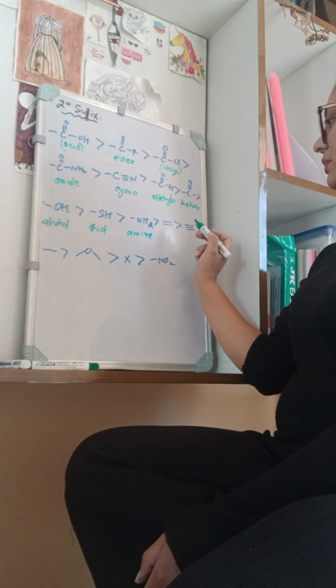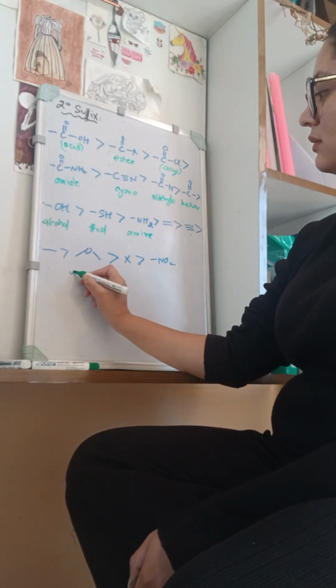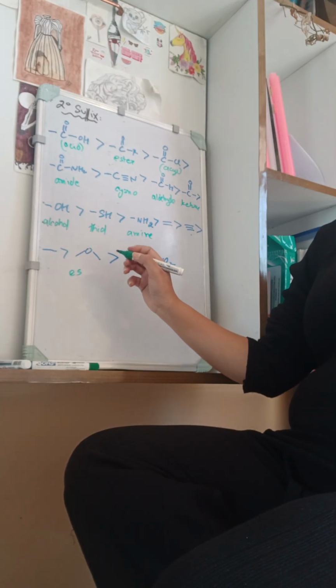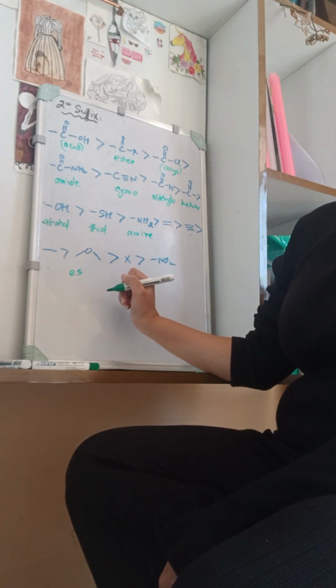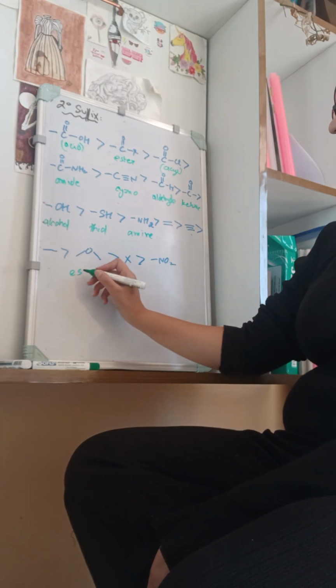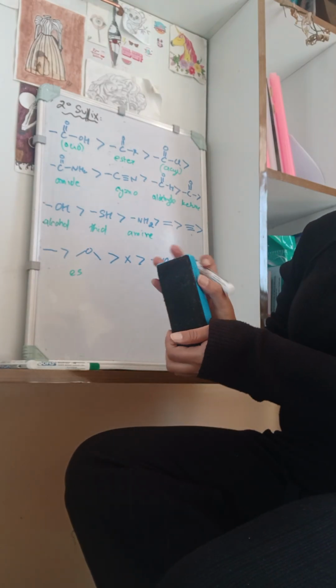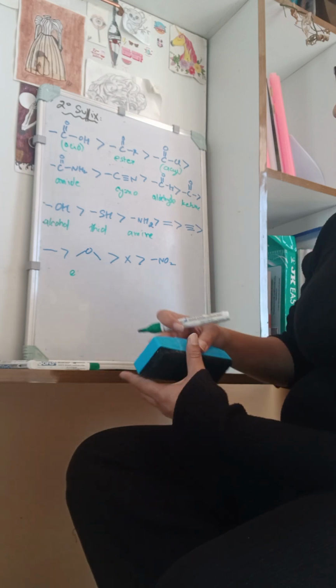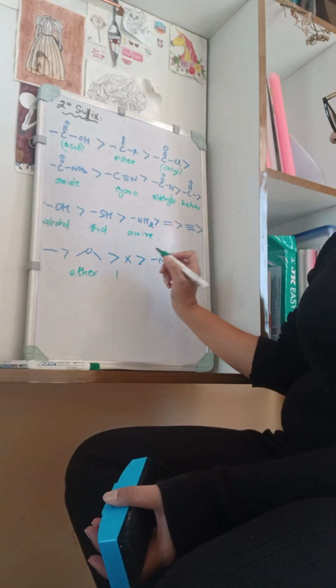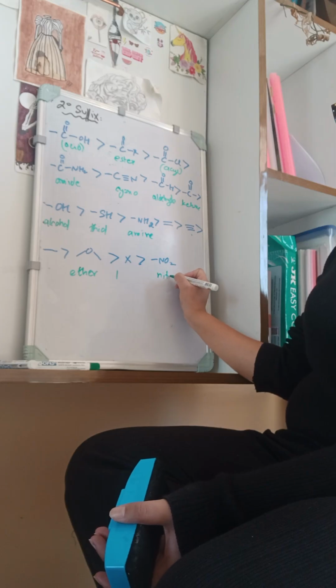These are double bond, triple bond, single bond. We have double, triple, single bond of ethers. Ether, halogen, nitro.